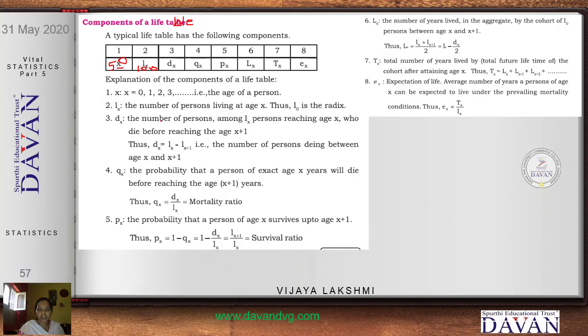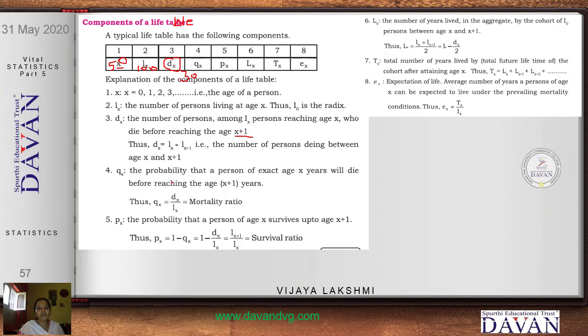What they are saying is how many people have died after reaching the age 50 but before reaching the age 51, because x value is 50, 50 plus 1 is 51. So this is giving me the number of deaths that have happened after reaching the age 50 but before reaching the age 51. Now let me take this as 30.